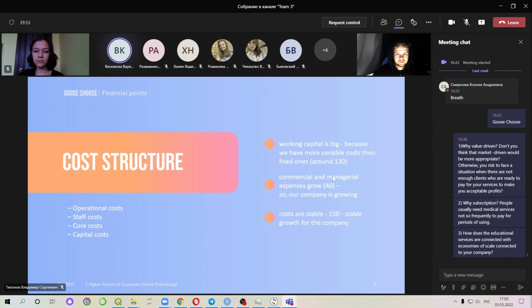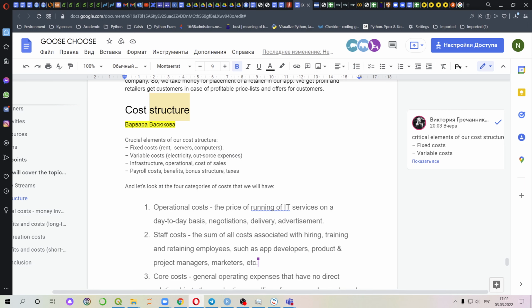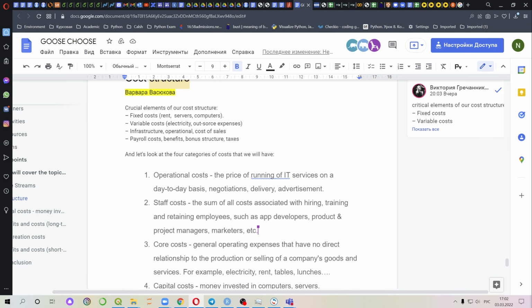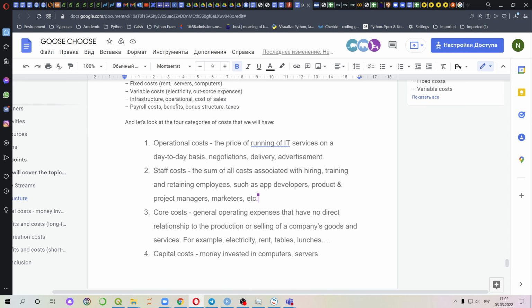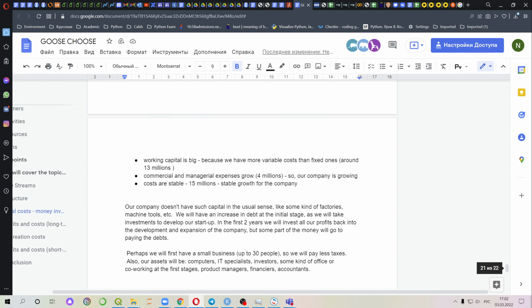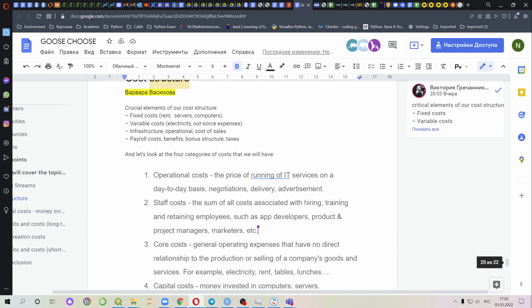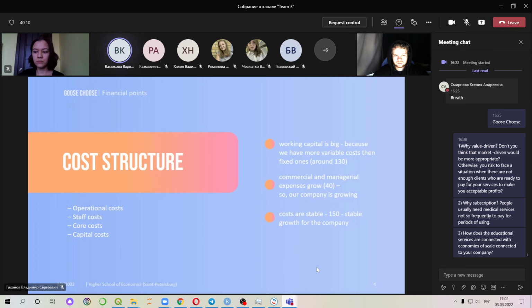So crucial elements of our cost structure are fixed costs such as rent, computers, etc., and variable costs such as electricity and outsource expenses. And we have 4 categories of costs. The first is operational costs.